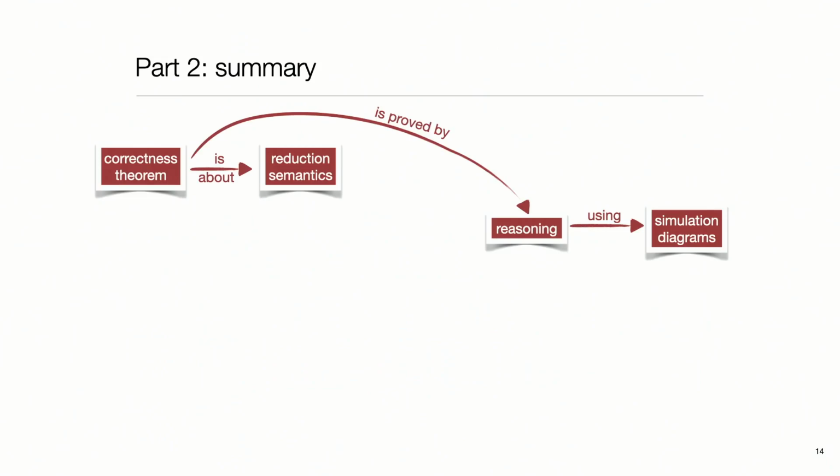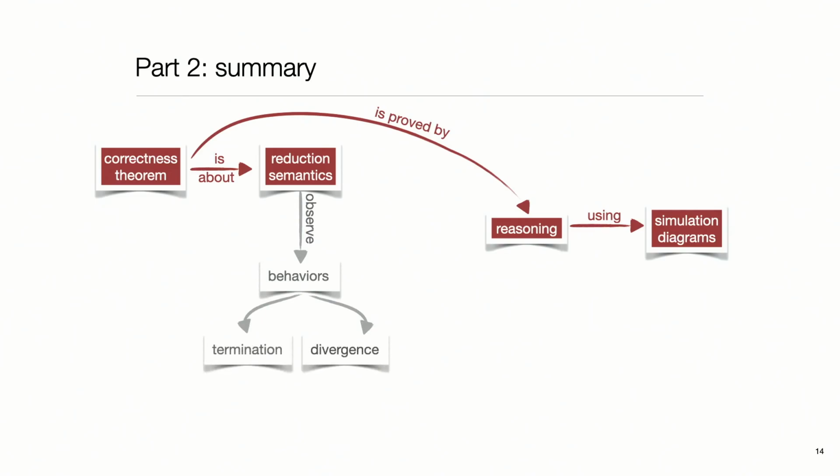So to sum up this second part, our goal is to prove a correctness theorem that is about small step semantics. The theorem is proved by reasoning using simulation diagrams. So this is a well-known and standard technique. And to apply this technique to real languages such as C-like languages, we have defined semantics that observes the behavior of programs, termination and divergence.